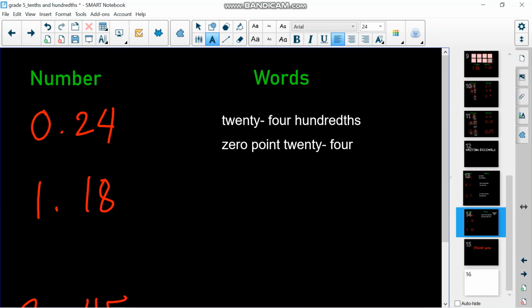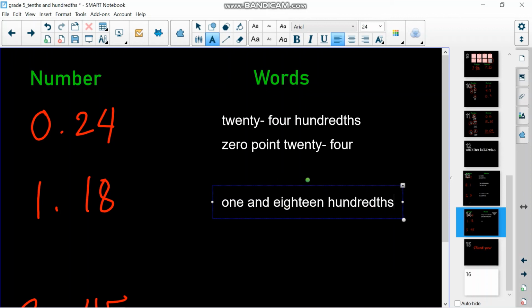Next, we have 1 and 18 hundredths. So let's write it in fraction form, 1 and 18 hundredths, or we can write it also like 1.18.